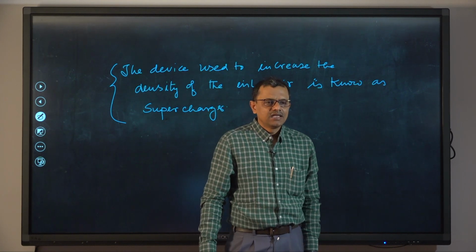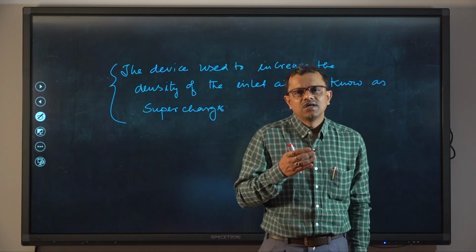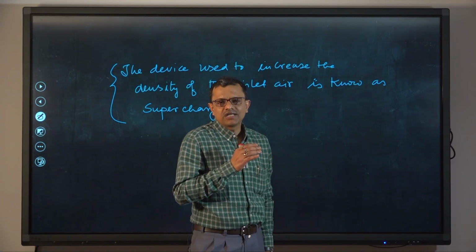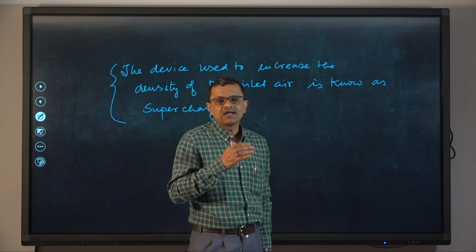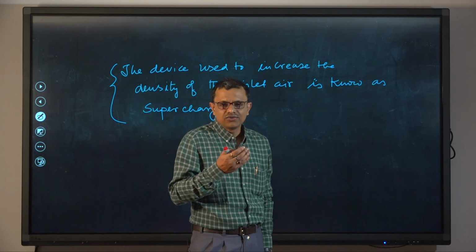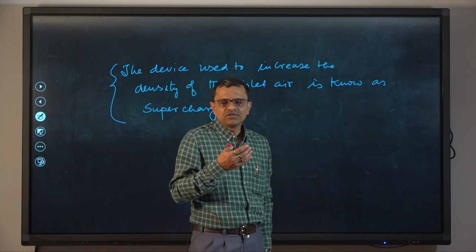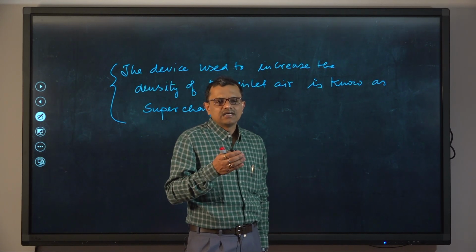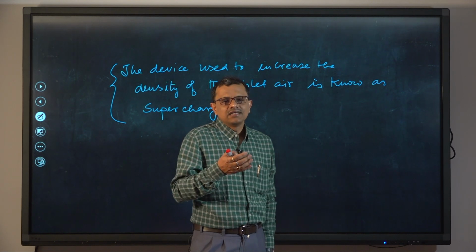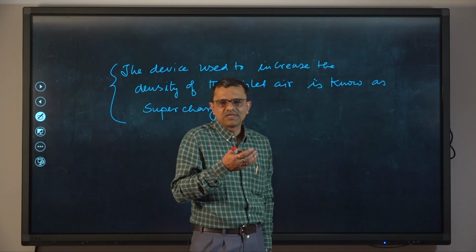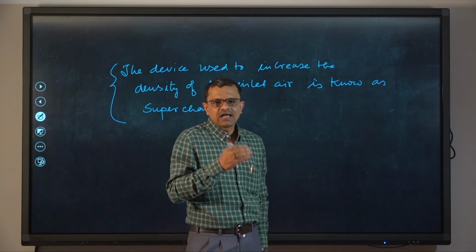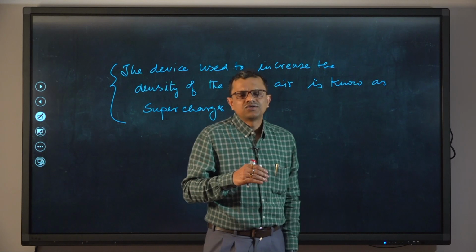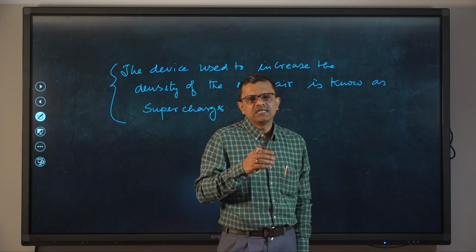That is why superchargers are typically used for SI engines when they are taken to higher altitude, because air density reduces automatically with height, and at that height, even if we go for supercharging, the rise in pressure will not create any harmful effect to the engine in terms of detonation.